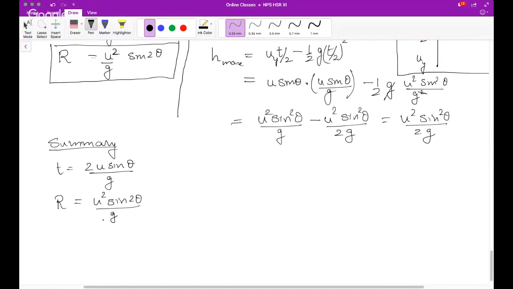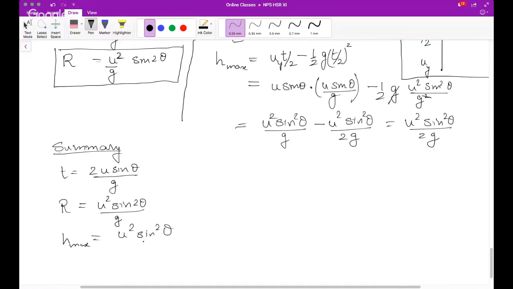And we also got H max equal to u square sine square theta by twice g. So this is the information around my projectile motion.